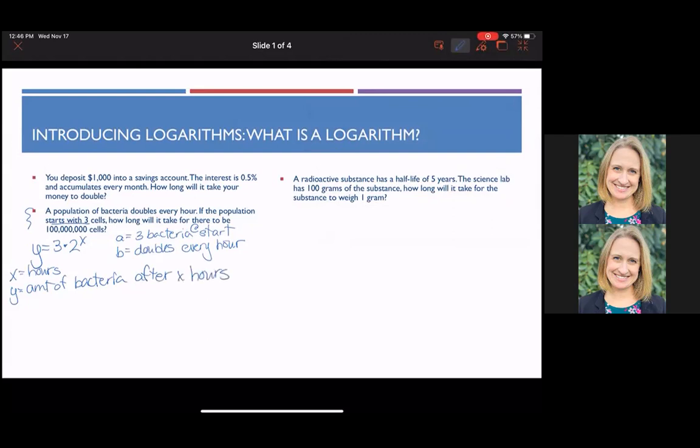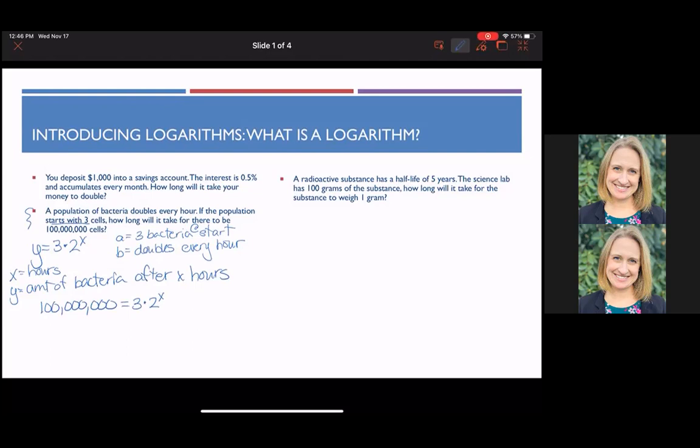So if 1 hour passes, then we know that we'll have double, 3 times 2 to the first power, or 6 bacteria. So what we can now see is that if we want there to be 100 million cells, that's our Y, that's our amount. And so that's going to equal my 3 times 2 to the X.